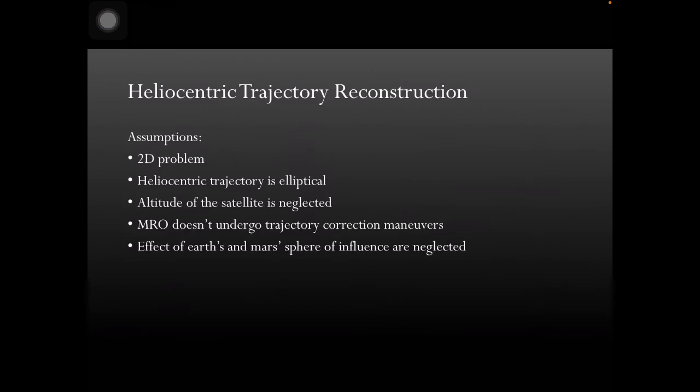This will simplify the calculation. The fourth one is that the MRO will not undergo any trajectory correction maneuvers, so it will stay in only one orbit as it is cruising to Mars. And the fifth one is that the effect of each planet's sphere of influence is neglected.